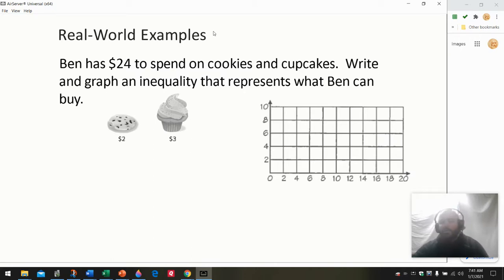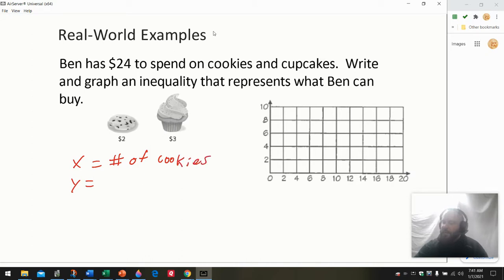Now, the first thing that we have to do for this type of problem is we need to define what our unknowns are. And the unknowns, let's call them X and Y just for simplicity's sake. And X is going to end up being the number of cookies.